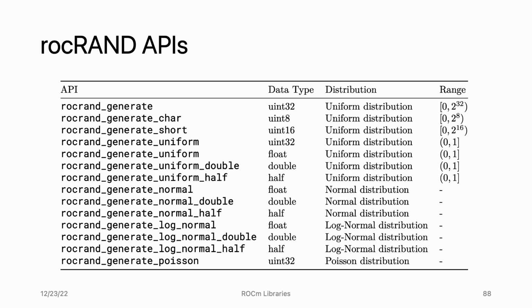We can generate uniform distribution random numbers in uint32, single precision, double precision, and half precision data. We can also generate numbers in normal distribution and log-normal distribution in different data types, including single precision, double precision, and half precision. Finally, we can also generate random numbers that follow the Poisson distribution, which is commonly used for queue modeling.